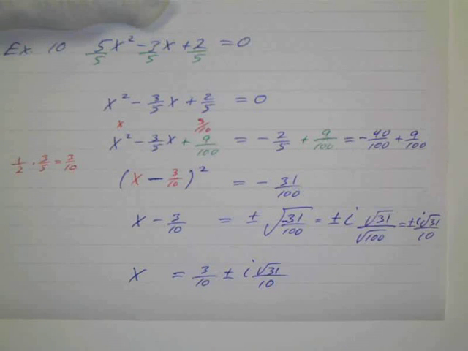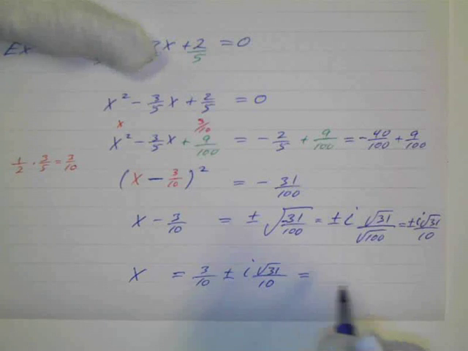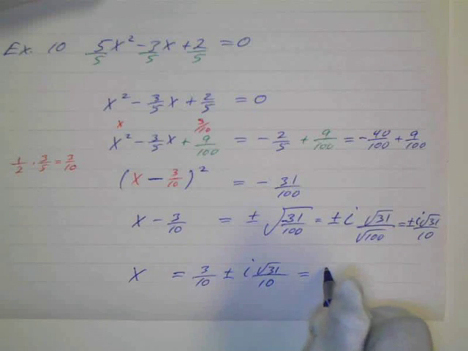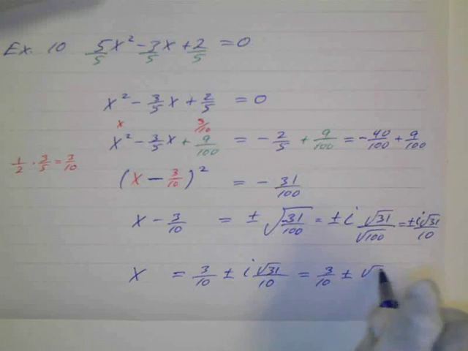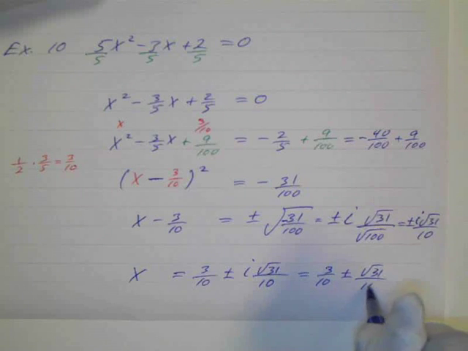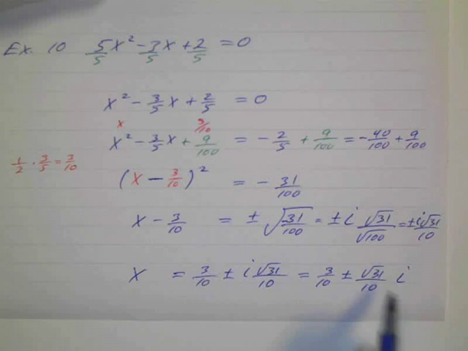And since this is a complex number, it's got an imaginary part and a real part, we'll try to write it in standard form. So that's going to be equal to 3 over 10 plus or minus the square root of 31 over 10 times i, and put the i in the middle of the fraction bar so you know that it's not underneath the radical.